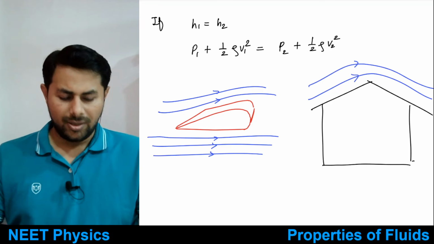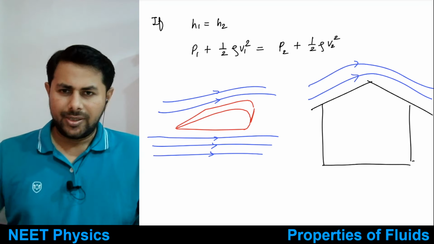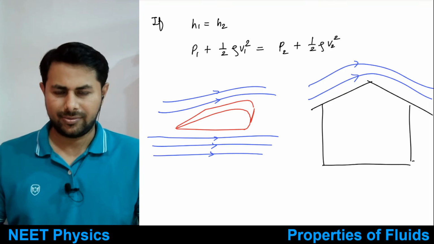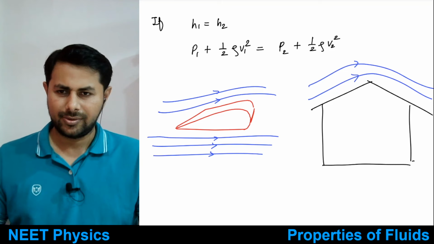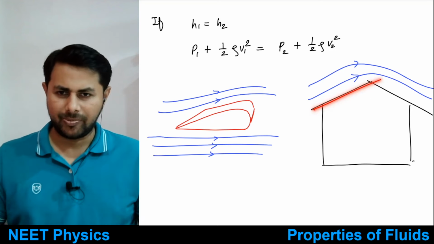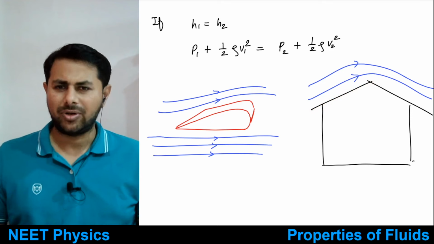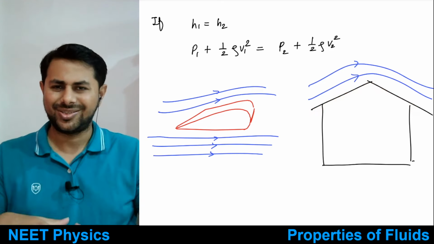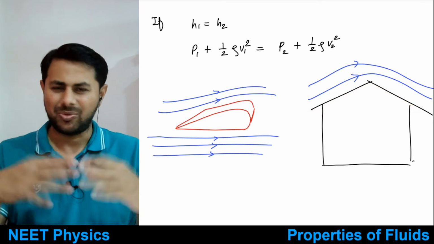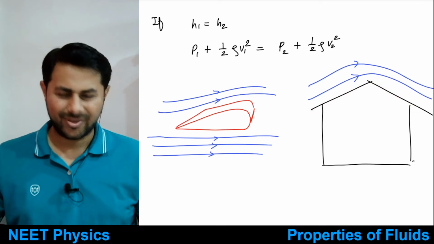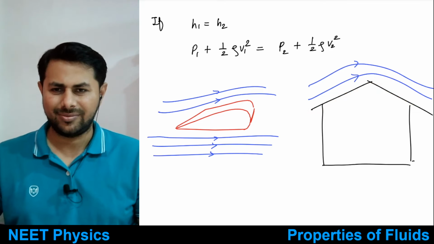Then, now suppose wind is blowing with very high speed. It happens sometimes, and you might have seen or at least heard in the news that the roofs of some huts, some homes, are detached and fly away if wind blows with very high speed.